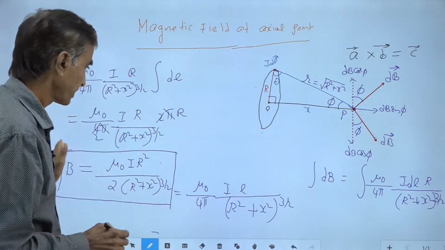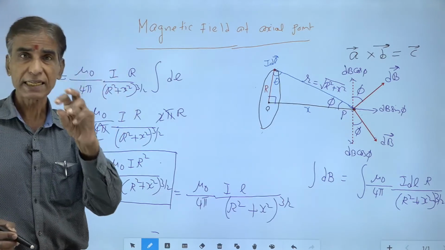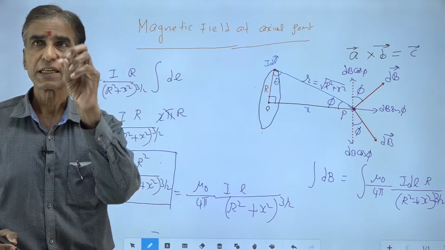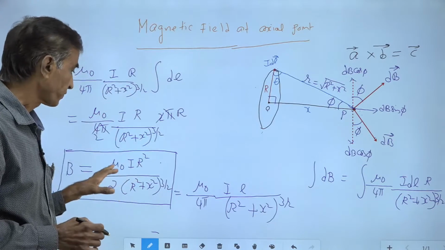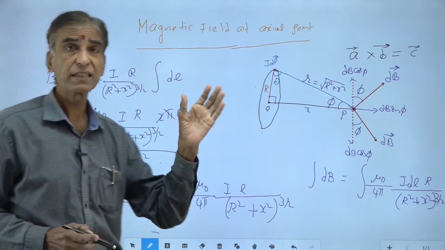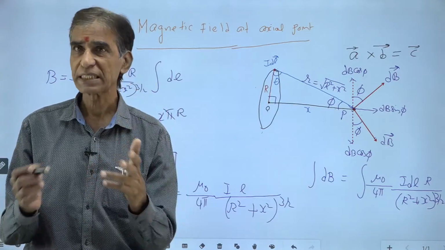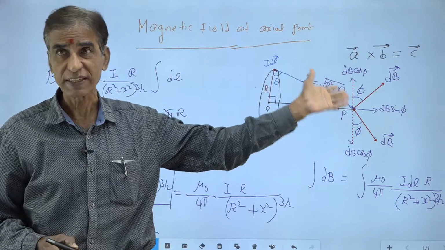Therefore, that is our final formula for magnetic induction due to a current carrying loop at an axial point. This is very, very useful for us. From this, when we want to find the magnetic field due to an arc of a circle or semicircle or quarter circle, we can utilize this derivation.